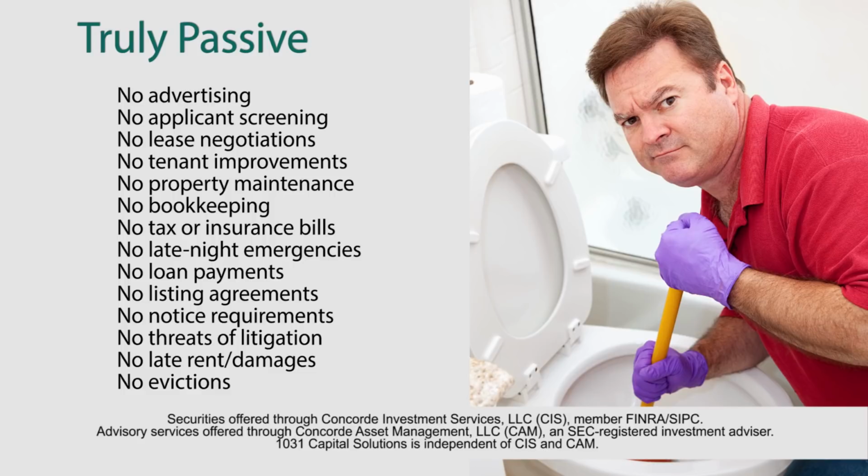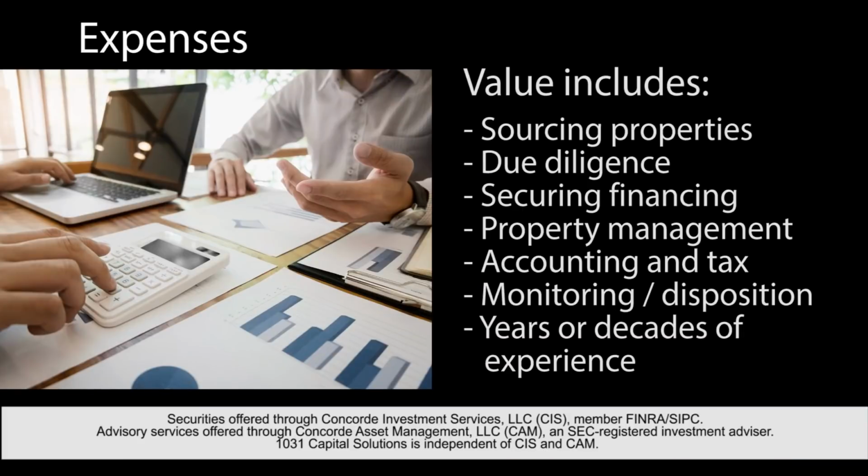Simply put, 1031 DSTs are more expensive than traditional real estate, yet investors potentially receive value for such cost, including but not limited to sourcing real estate from among thousands of listed properties, conducting intensive property-specific due diligence and preparing complicated financial models, securing optimal financing terms, engaging top property management companies, or in some cases utilizing in-house property management, providing ongoing accounting and tax reporting, monitoring the property and the market to optimize disposition timing, and years or decades of institutional experience.